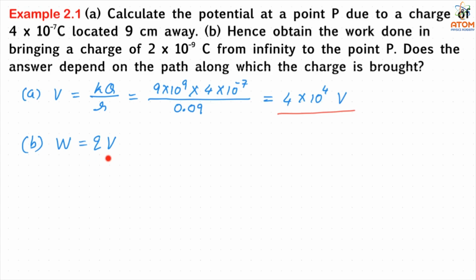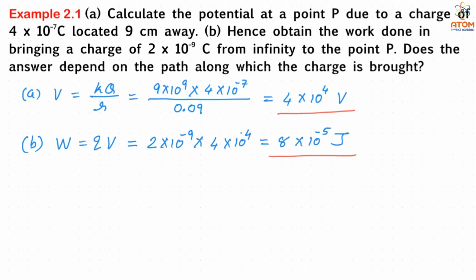This is also the potential energy, as we have already discussed. Anyway, here this charge Q is 2 into 10 raised to minus 9 coulomb, and the potential at point P is 4 into 10 raised to 4. So that gives us 8 into 10 raised to minus 5 joule. So here is our second answer.